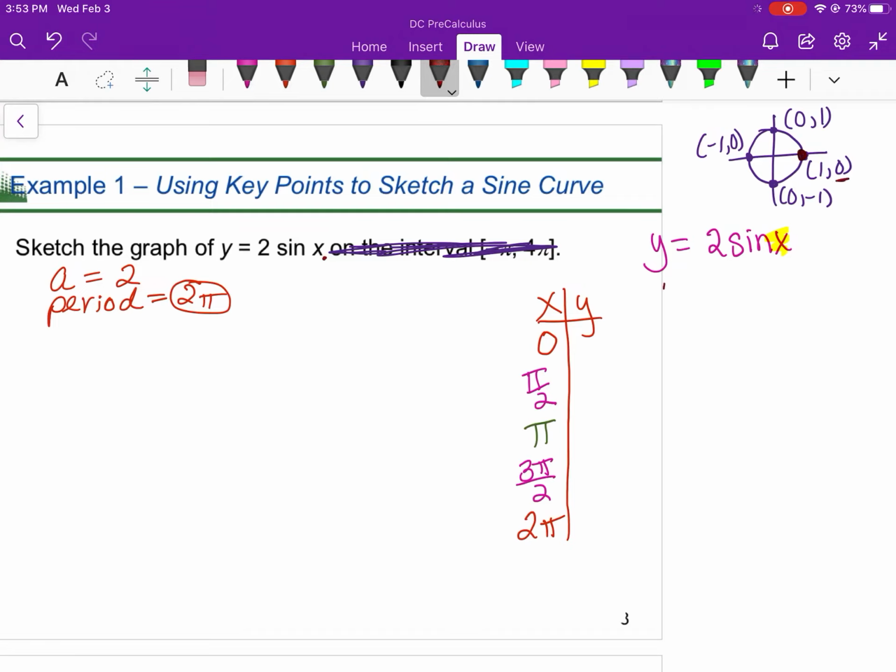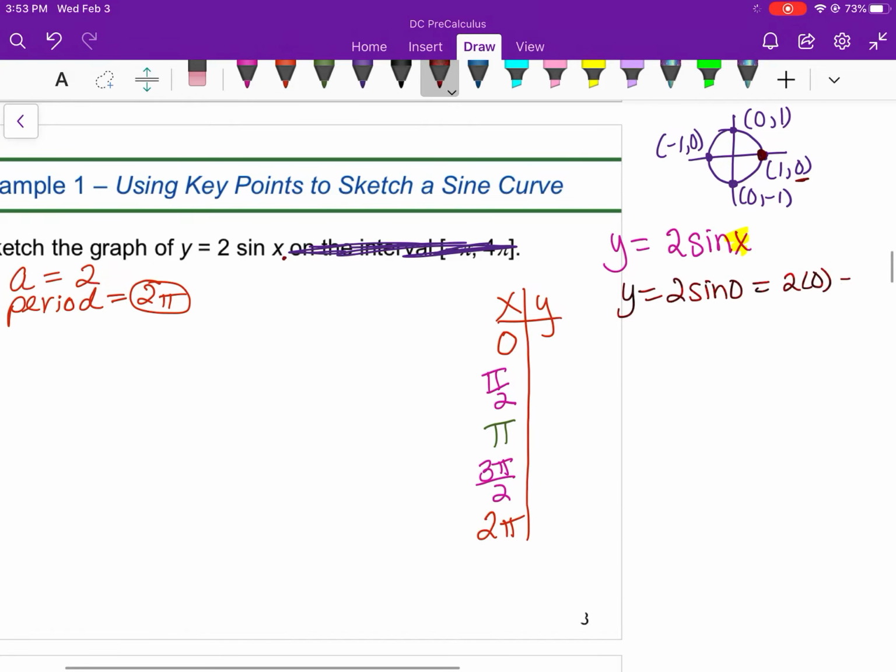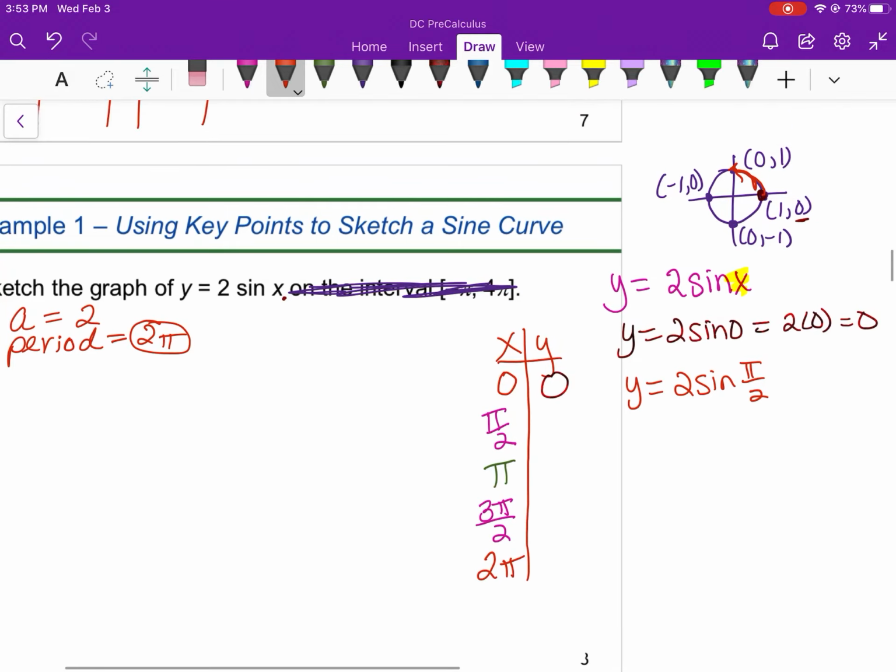So 2 times the sine of 0 is just going to be 2 times 0, which is 0. And then I'm going to plug in pi over 2. So I'm going from here to here. And the sine there is 1, so 2 times 1 is 2.